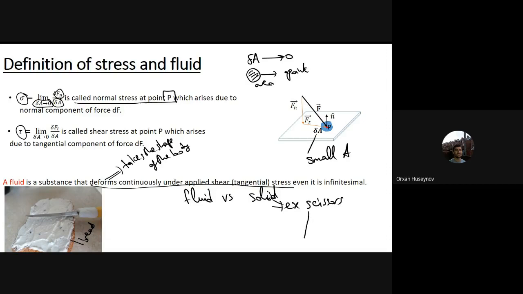This is blade 1, and this is another blade, and there is a small gap here. That small gap allows you to apply the force by the shear stress, by the tangential stress of the scissors. And if you apply this tangential stress to paper, you cut the paper. Paper resists till some point, but then it breaks.